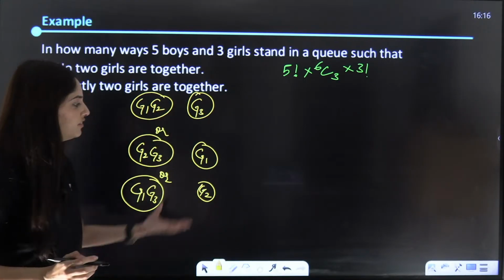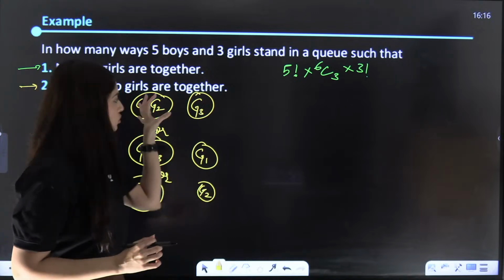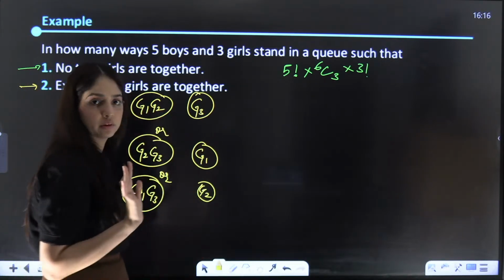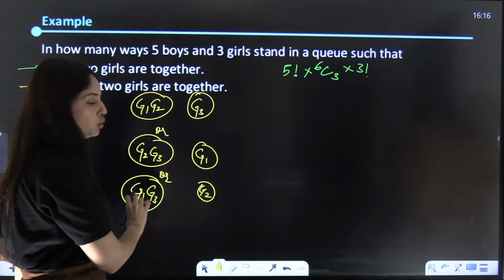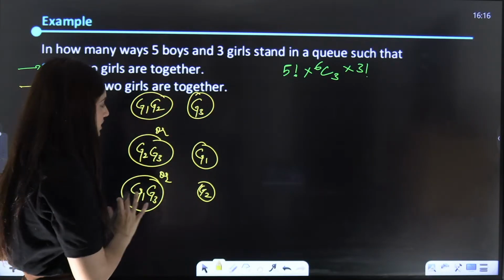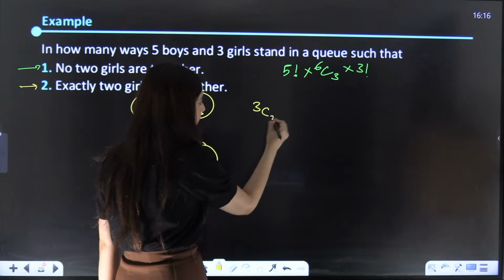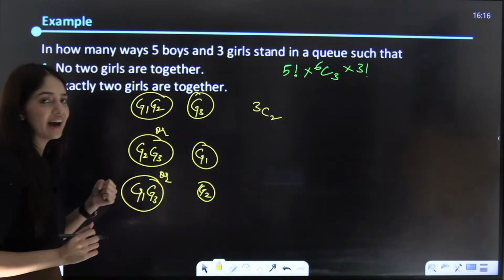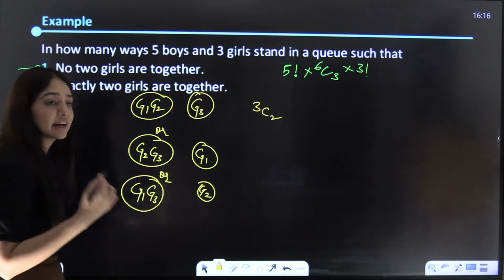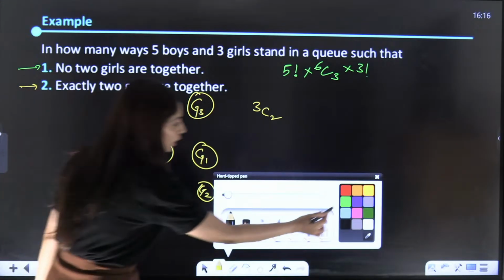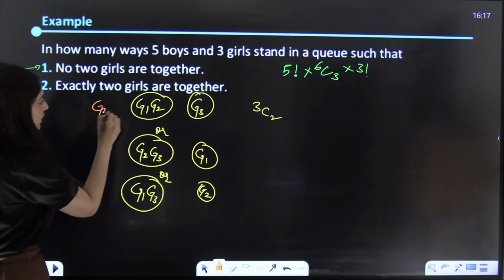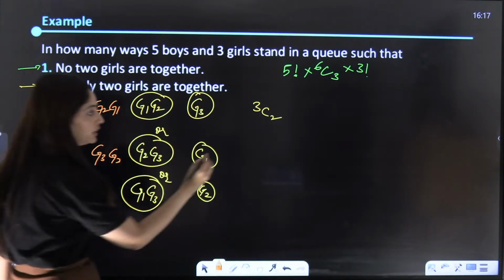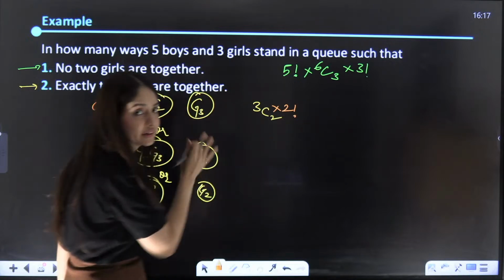So in total, how many ways can we do this to select 2 girls, the 2 girls which are going to be together? 3C2, right? Out of 3 we have to select 2, so there are 3 ways of choosing 2 girls out of that. So first we form the unit. Okay, now that we have the unit, in this case again it can be G1, G2 or G2, G1, G3, G2, like this. So within the unit there can be 2 factorial arrangements.